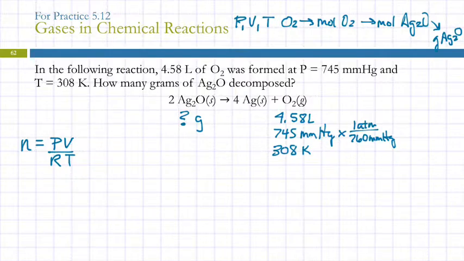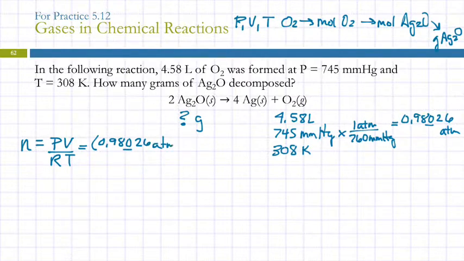745 divided by 760 is 0.98026 atmospheres. Okay, so I'll put that into the ideal gas equation here, 0.98026. I'm just trying to demonstrate keeping track of sig figs as you do your problems.